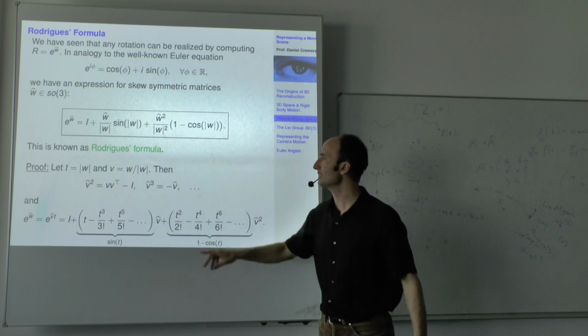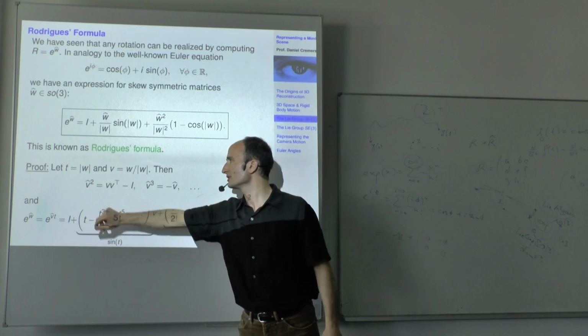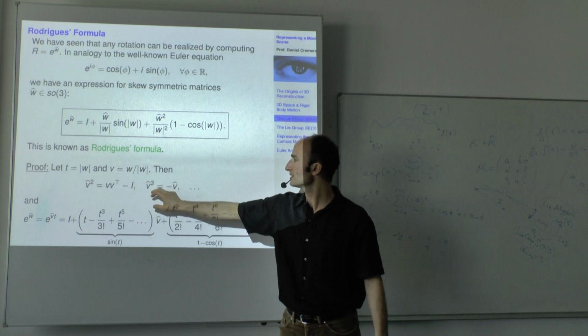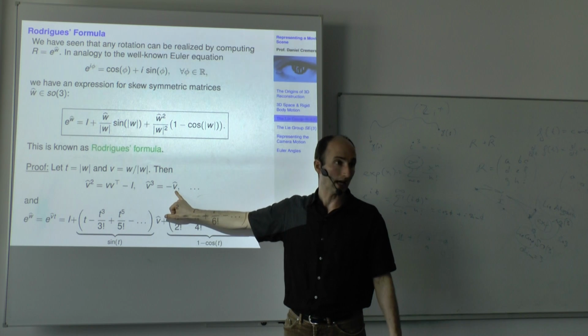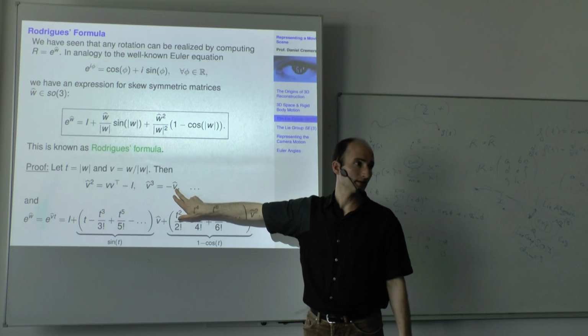And so if you do that, you can separate those terms that are proportional to V hat squared and those terms that are proportional to V hat. And you see the V hat cube is again proportional to V hat.